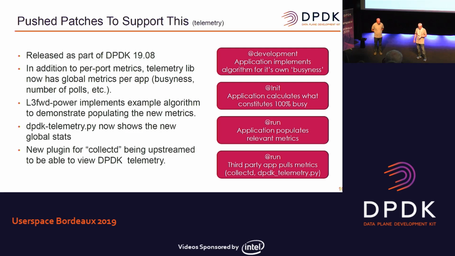L3 Forward Power implements it, and also the DPDK Telemetry.py Python script that's in DPDK has been modified. I think it's in the user directory, so that you can now query per port stats or the global stats. And also, as Chris mentioned, there's a new plugin for CollectD that plugs into that Unix domain socket into the telemetry libraries.